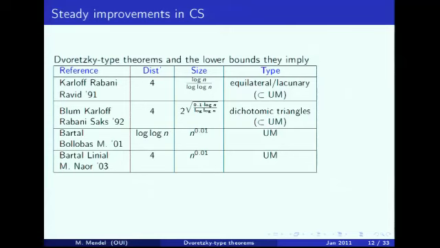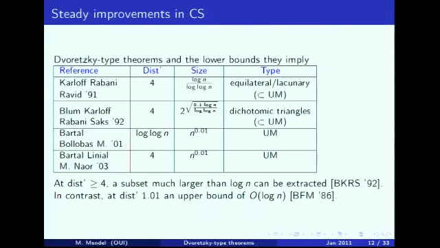There is a sequence of papers by Karloff, Rabani, and Rabinovich; Blum, Karloff, Rabani, and Saks; Bartal, Bollobás, and myself; and Bartal, Linial, Mendel, and Naor, in which you see that for distortion 4, they are able to extract larger and larger ultrametric subsets. And if you look carefully, you see that already in the second line, Blum, Karloff, Rabani, and Saks were able to extract a subset which is significantly larger than log n.